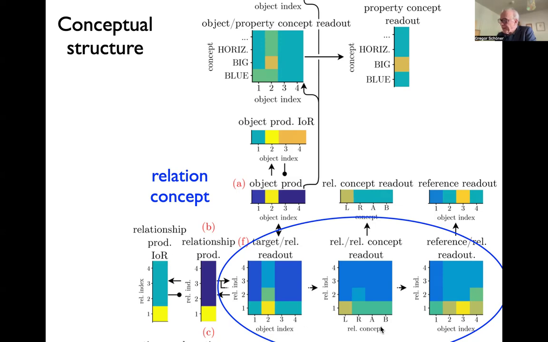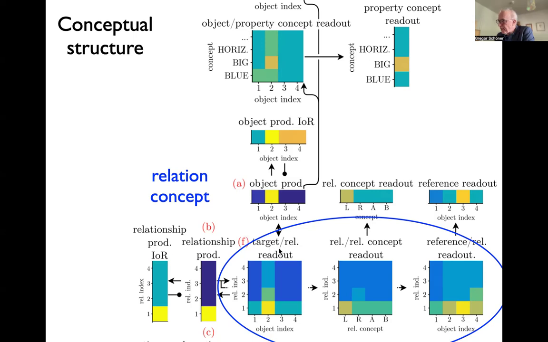And now the critical thing: binding in this high cognition means that you're binding the relation to its arguments. Its arguments are target and reference object, right? So you have to say which object is to the right of which other object. And that is done by having a field that associates the relation index with the object index. And this is for a particular role. This would be what is role filler binding otherwise.